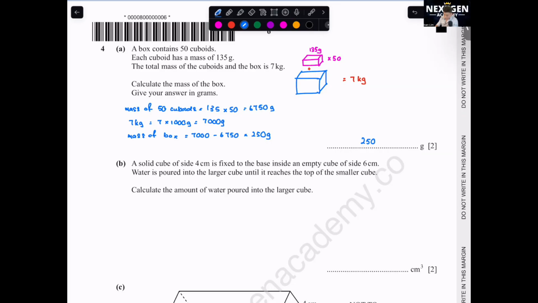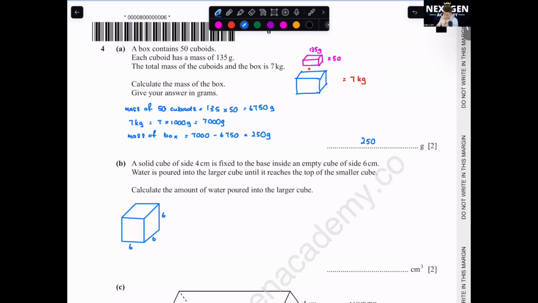If I were to draw it out, we got this bigger one, this one is side 6 cm. Got 152. Okay, let me draw it out for you. We've got this big empty cube of side 6 cm. Most of you got 152.